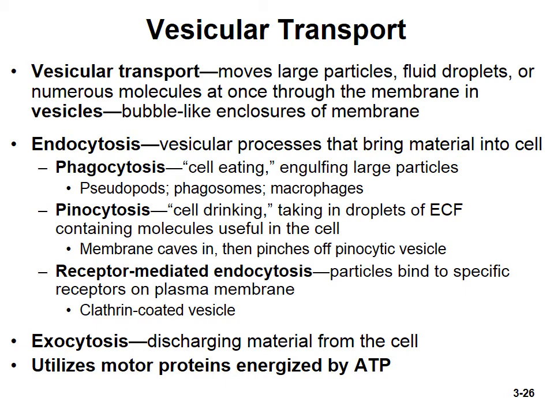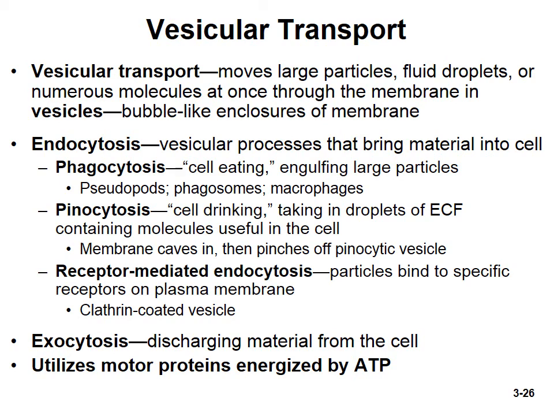Much of what we know about receptor-mediated endocytosis comes from studies of a hereditary disease called familial hypercholesterolemia, which shows the significance of this process to cardiovascular health. See deeper insight 3.3. That's that clinical application that's on your study guide.